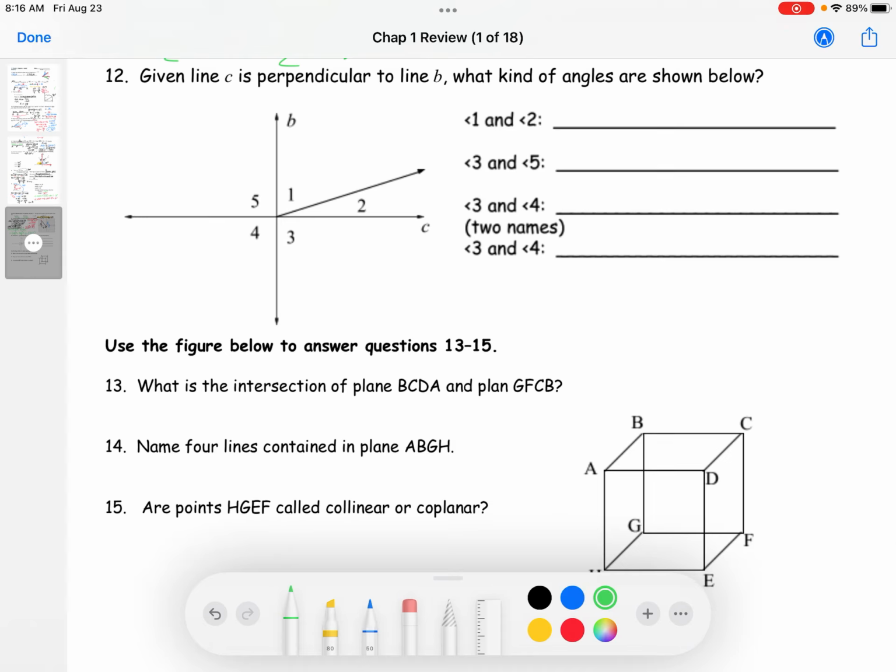Okay, so it says C is perpendicular to B. So that means that these both create 90-degree angles. Actually, let me redraw that so it's not writing all over the page. So this is a 90-degree angle.